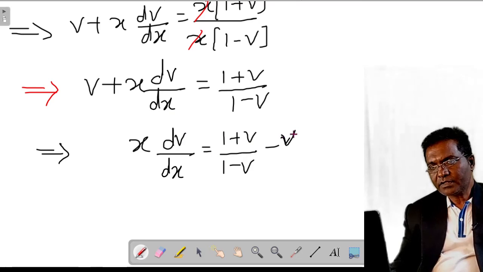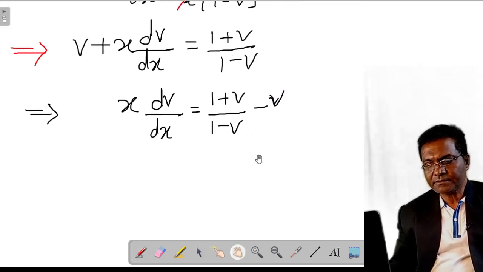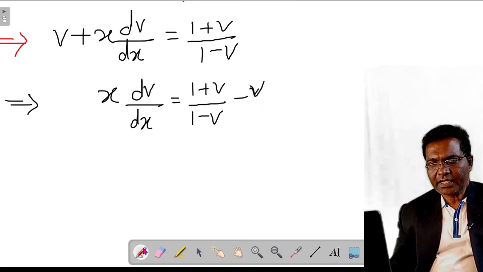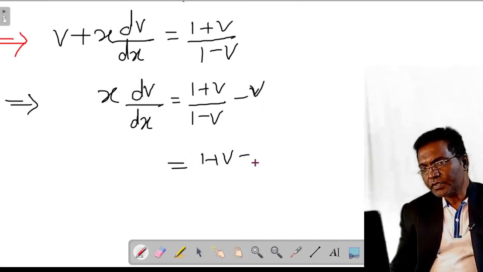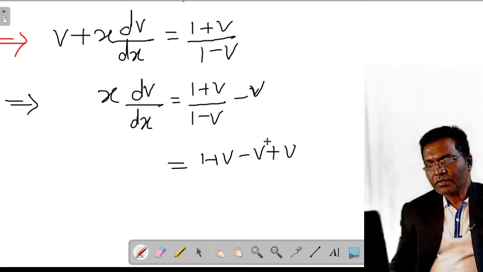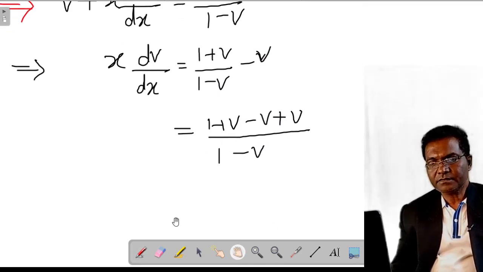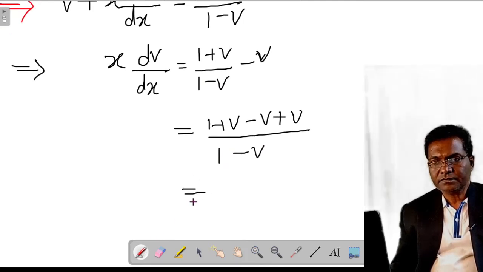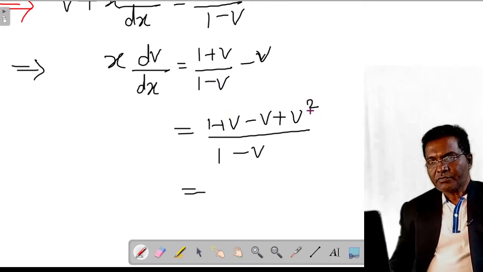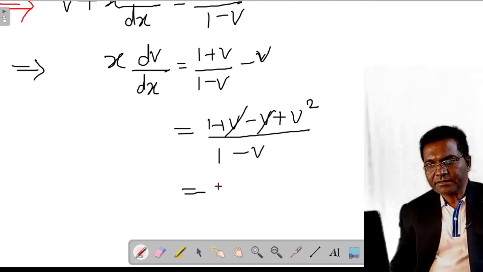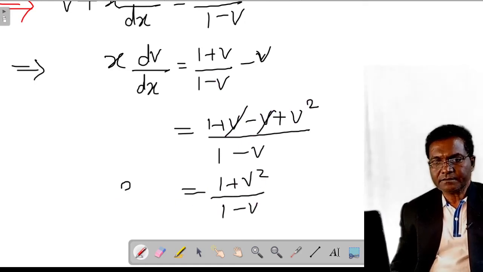So bring this v this side, minus v you will get. Take LCM. So it is (1 plus v minus v into 1 minus v) divided by (1 minus v). So v square you will get, v cancels, and 1 plus v square by 1 minus v you will get.